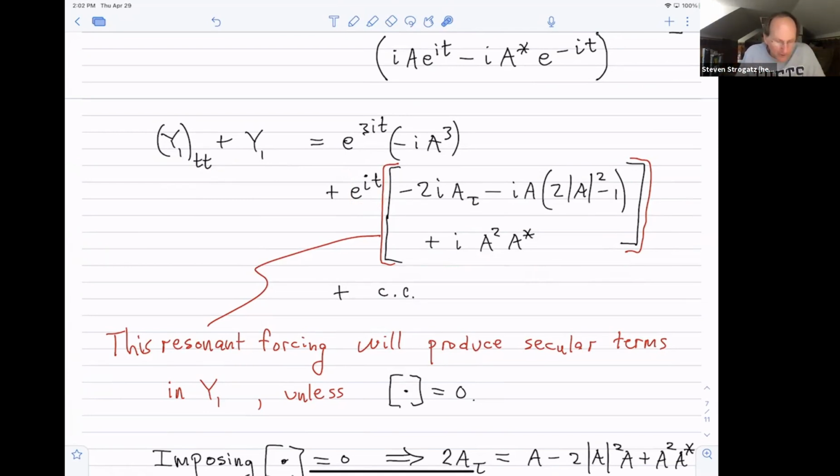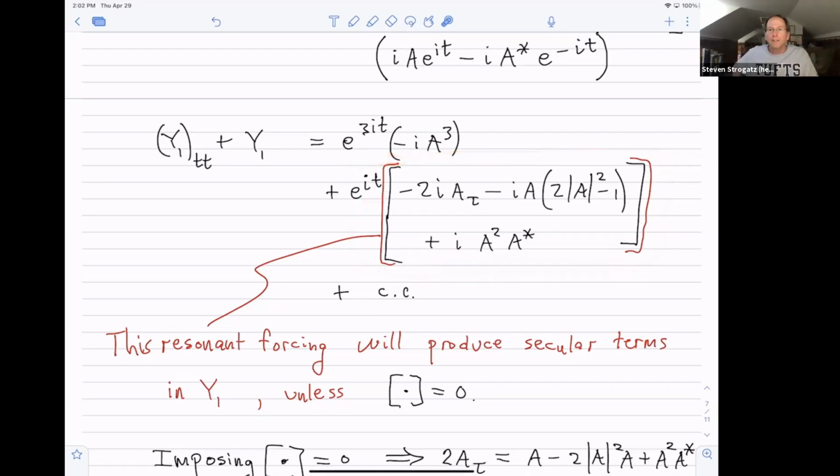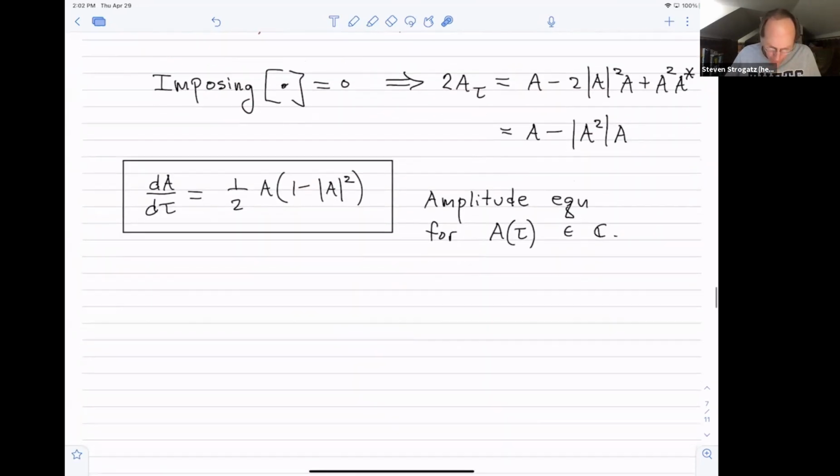However, it's going to give you the same condition, because the complex conjugate of this whole term is just the conjugate of this times the conjugate of this. So setting this bracket to 0 takes care of both the e to the it and the e to the minus it forcing. One equation kills both secular producing forcings. Okay, so that's all we need for the amplitude equation.